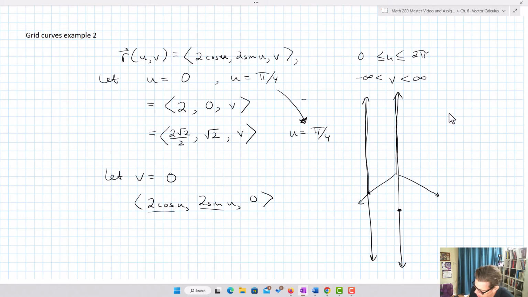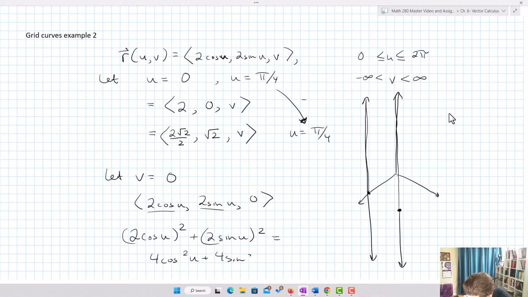If you remember, with something like this, if I take 2 cosine u squared plus 2 sine u squared, that's going to equal 4 cosine squared u plus 4 sine squared u.